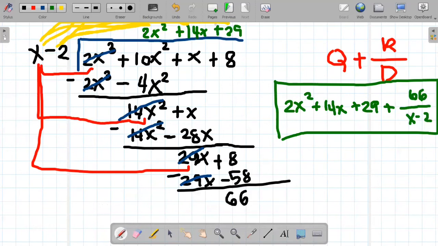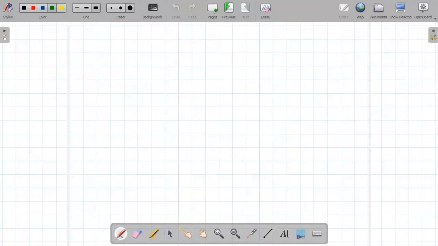I'll proceed with another example where we have a term lacking. So what are we going to do if there is a term lacking in our dividend? How are we going to divide using long division? So I'm going to give you an example where we have a missing term.